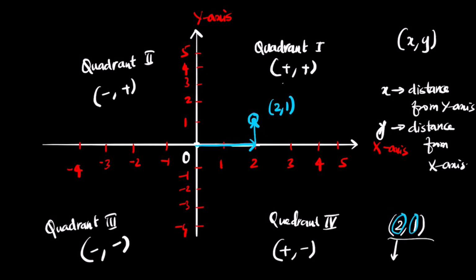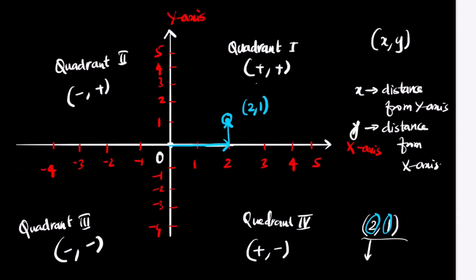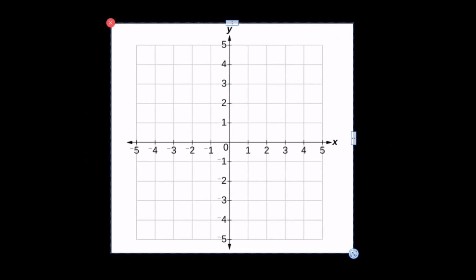Let's try plotting some points on a graph. Let's say this is the graph that we use here. The first point that we want to plot is minus 2 comma 4.